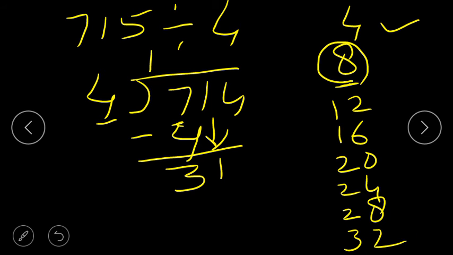So 4 eights are 32, that is more than the number 31. So you have to go 7 only, 7 times. So 4 sevens are 28.